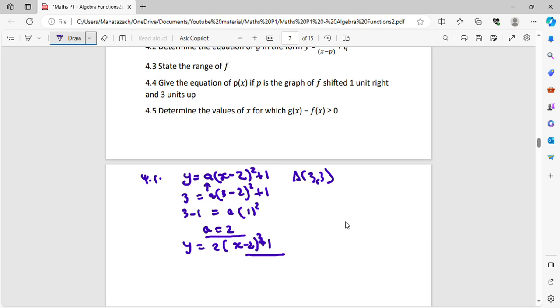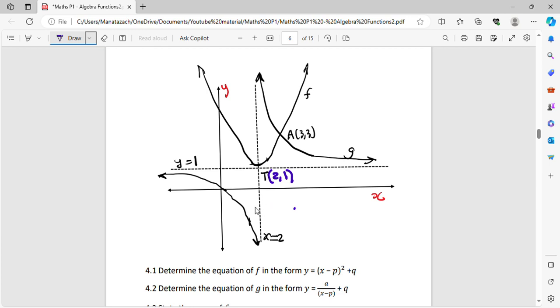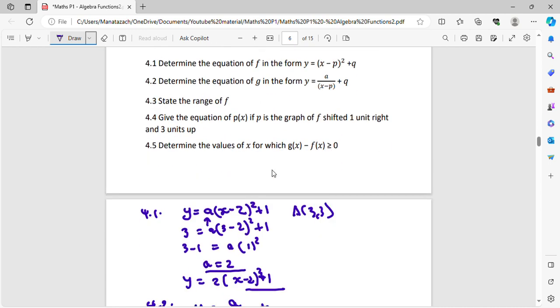Let's write here 4.2. y is equal to a divided by x minus the x coordinate of the turning point, which is 2, plus, now in this case x equal to 2 is the vertical asymptote, and y is equal to 1 is the horizontal asymptote.